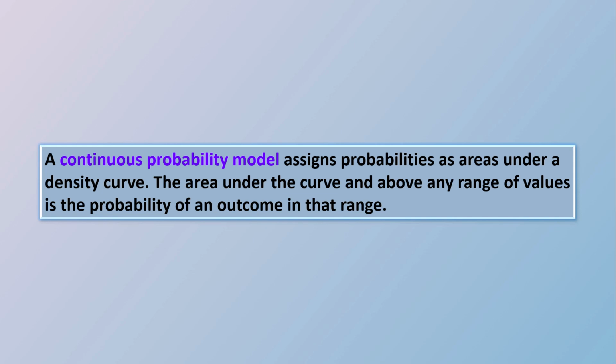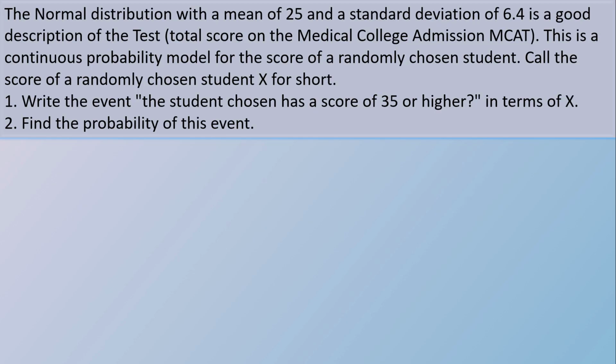Now let me explain an example. The normal distribution with a mean of 25 and a standard deviation of 6.4 is a good description of the test. This is a continuous probability model for the score of a randomly chosen student. Call the score of a randomly chosen student X for short. Now let me write down the given information.